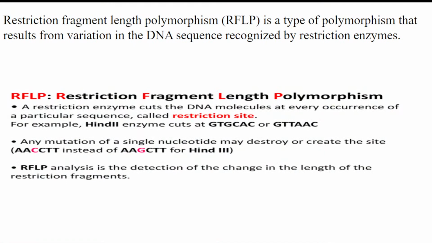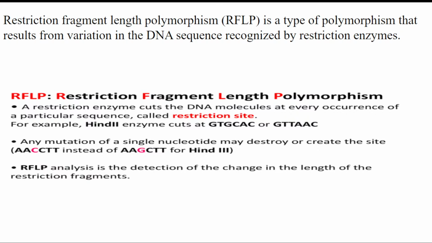Restriction fragment length polymorphism, RFLP, is a type of polymorphism which results from variation in the DNA sequences recognized by restriction enzymes. A restriction enzyme cuts the DNA molecule at every occurrence of a particular sequence called a restriction site.